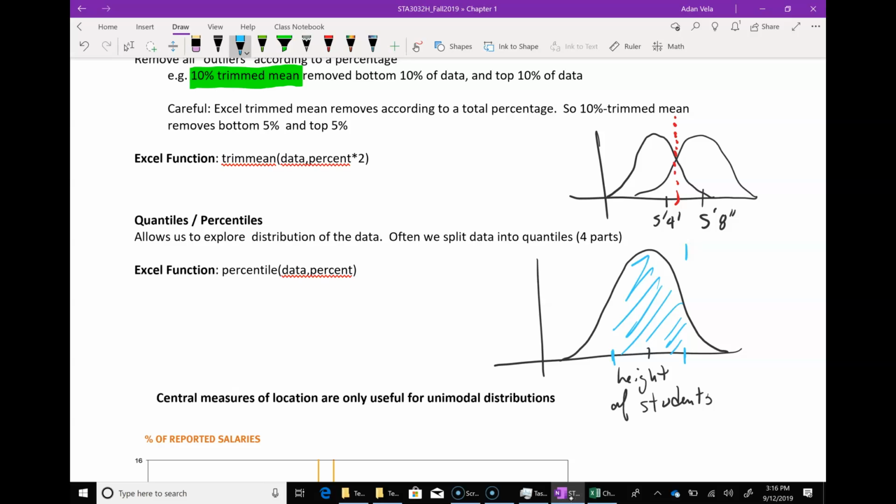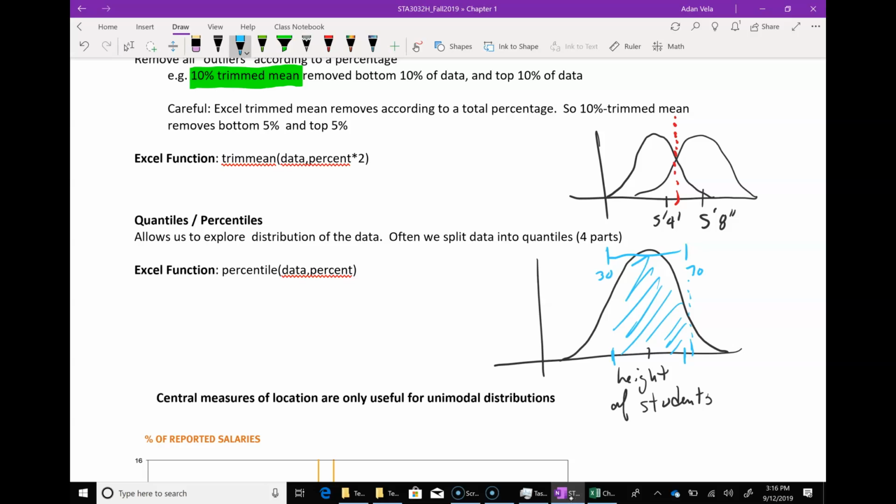And so this blue part, this is our 30th percentile right here, because if the median is the 50th percentile, then 20 away from that is the 30th percentile, right? And then 20 up would be the 70th percentile, okay?